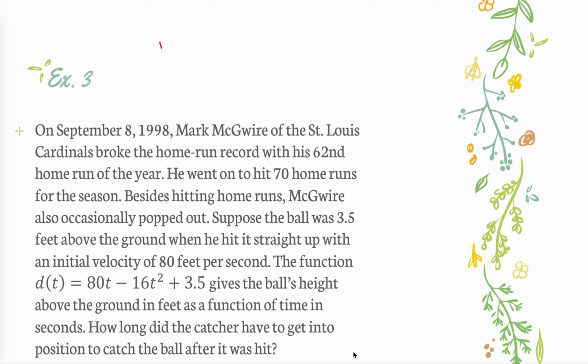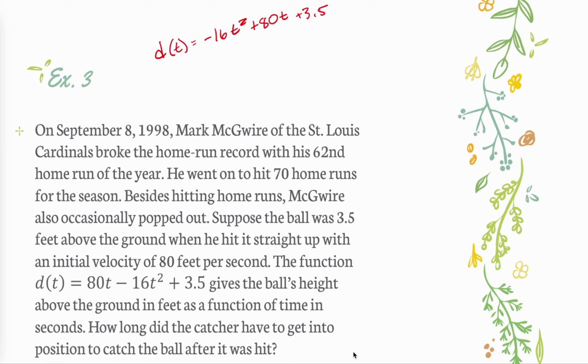So if I write this in order, from greatest to least exponent, it would be negative 16t squared plus 80t plus 3.5. And this is not going to factor, and it's going to be really tricky to solve by completing the square. So we're going to jump right into using the quadratic formula.